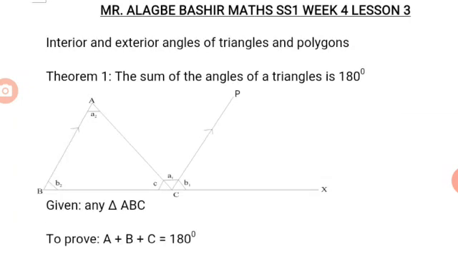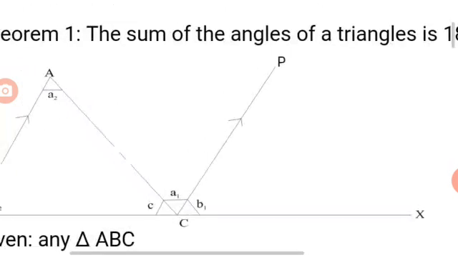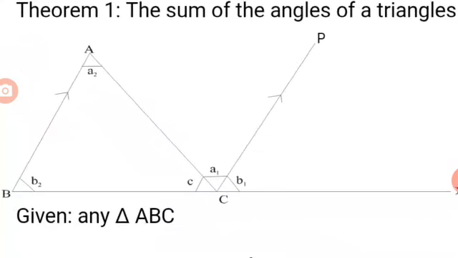The sum of the angles of a triangle is 180 degrees. Now, let us look at the triangle. We have triangle ABC.